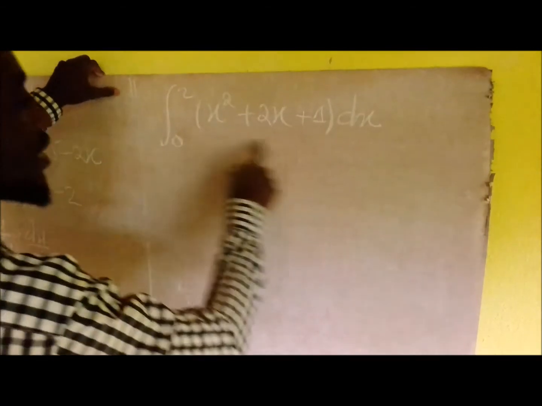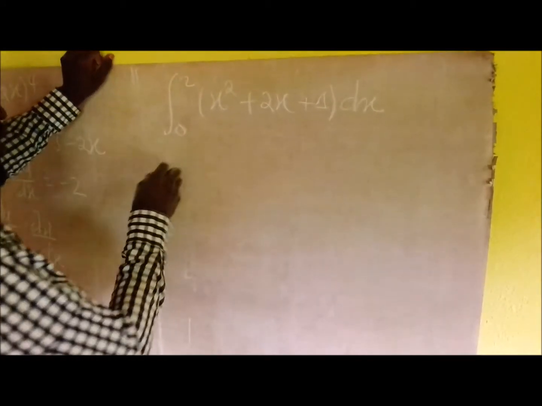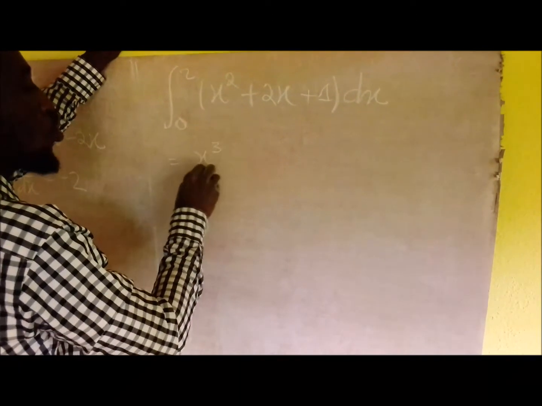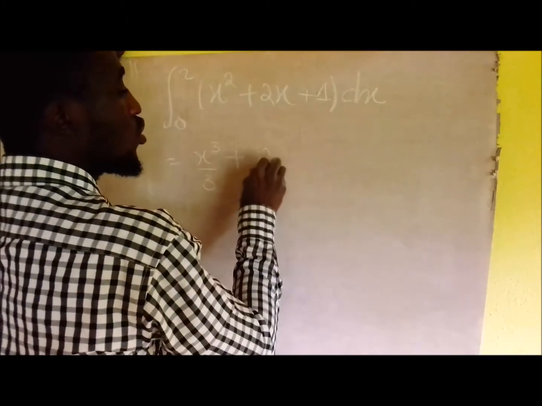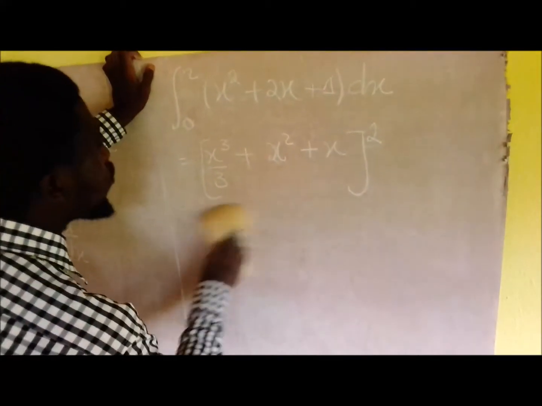The first one, you can recognize that this is a square, x plus 1 all squared. But since it is given like this, we can just integrate. Integration is distributive over addition. So this is equivalent to the integral of x cubed on 3 plus x squared plus x.